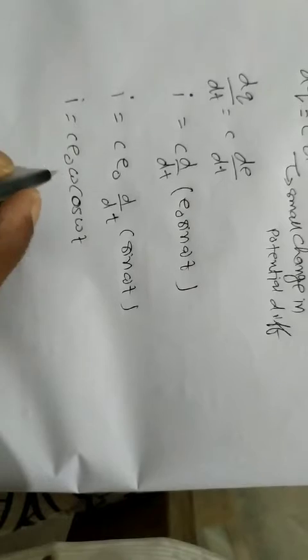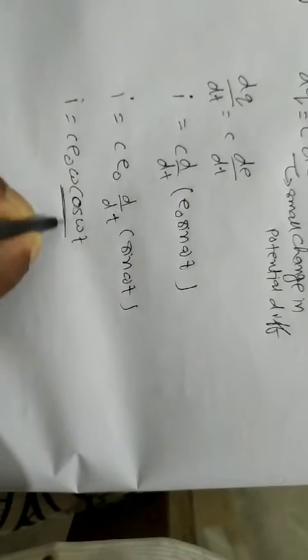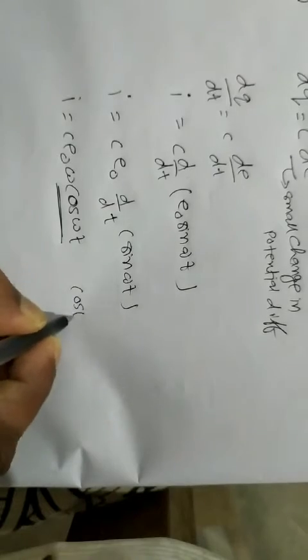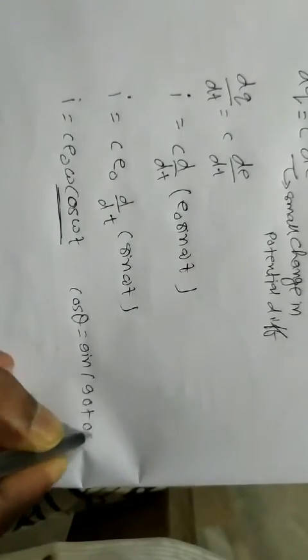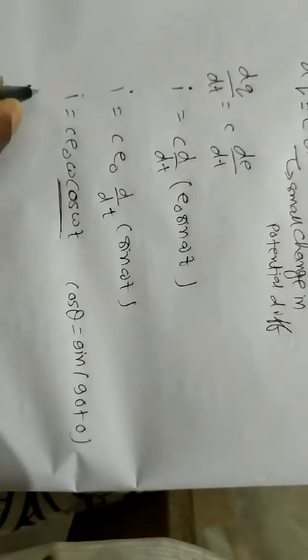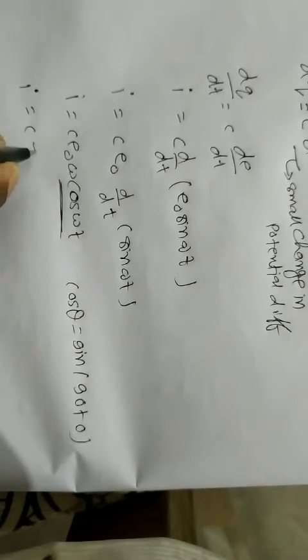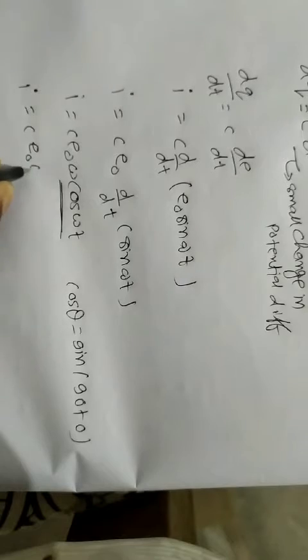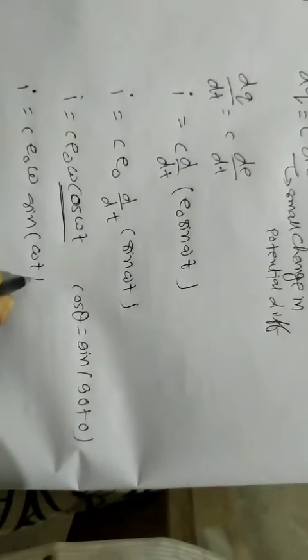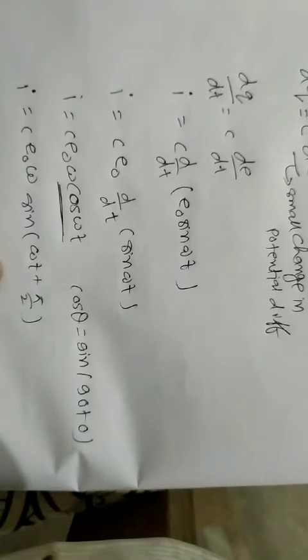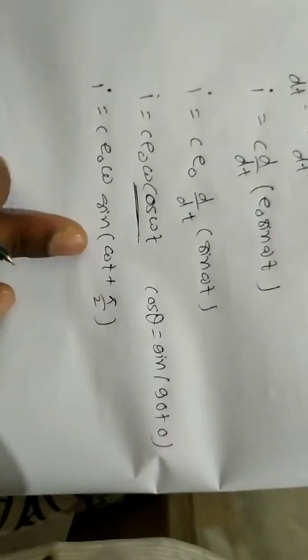So see here, cos omega t. You all know that cos theta is equal to sine of 90 plus theta. So can we write this equation like this: I is equal to C E naught omega sine of omega t plus pi by 2. Pi by 2 means 90 degrees. So cos theta is sine 90 plus theta.